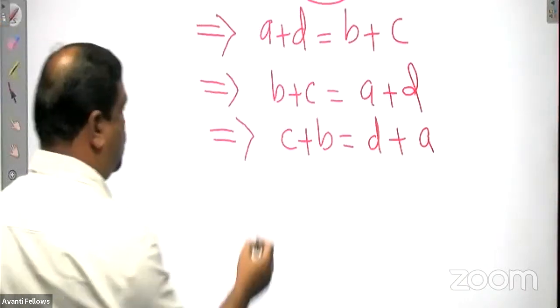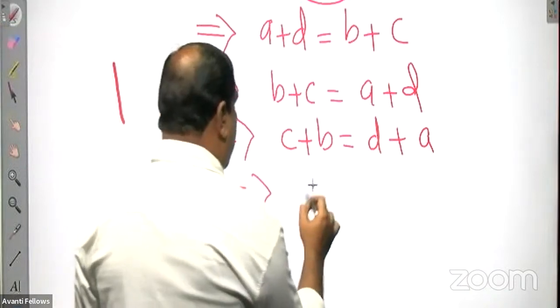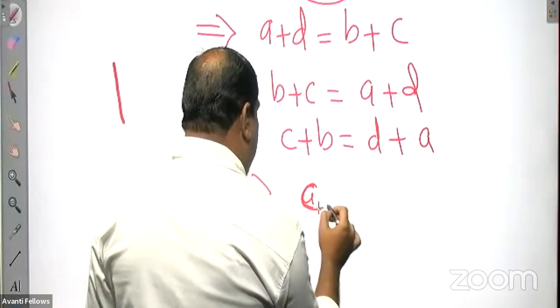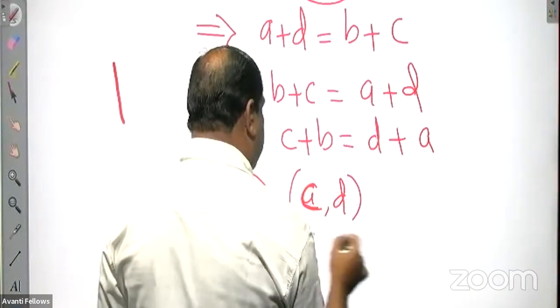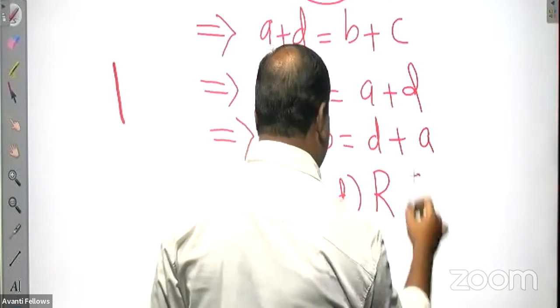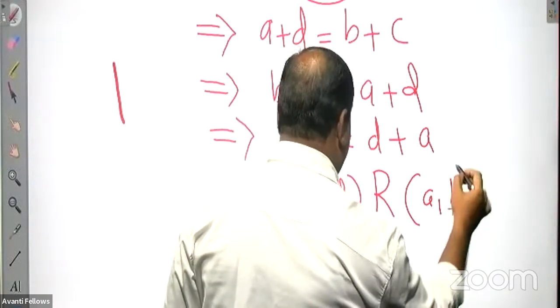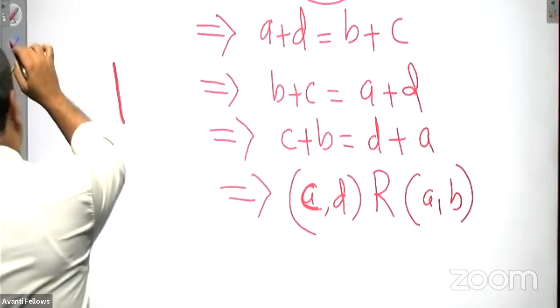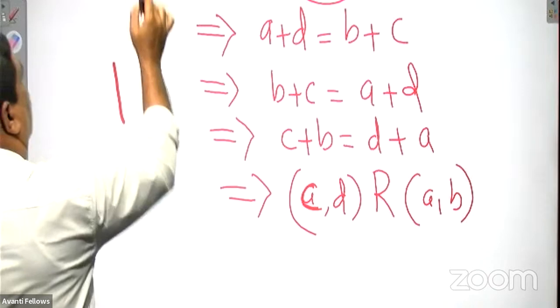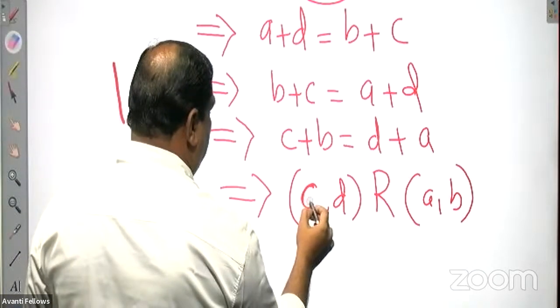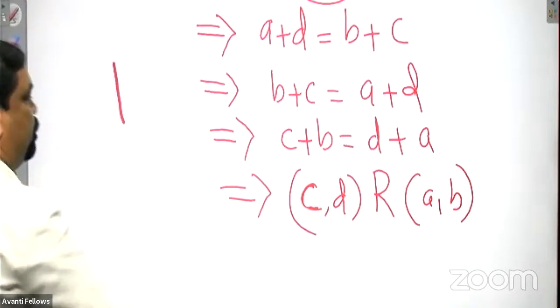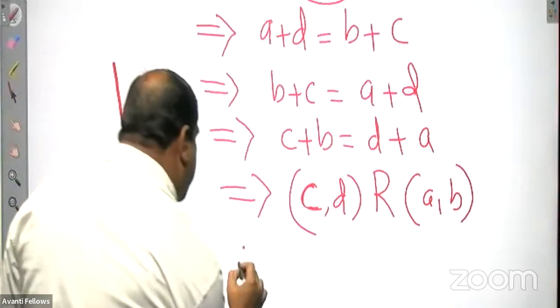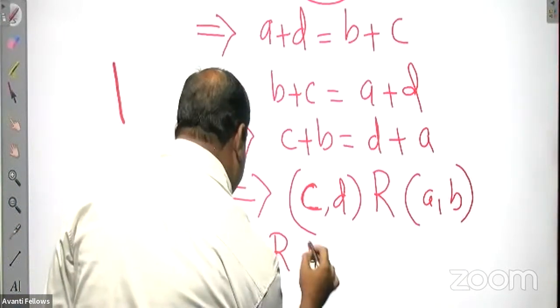Which implies what? Now CD is related to AB. So therefore, this relation is transitive.